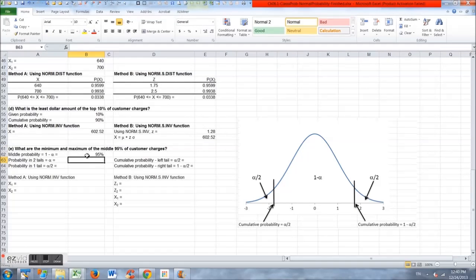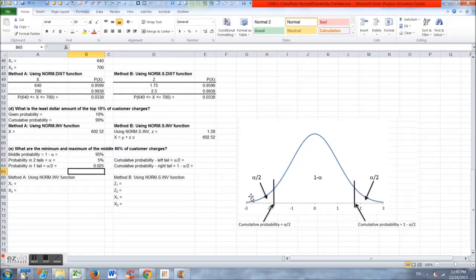we'll call that 1 minus alpha. So the two tails put together are 1 minus that middle area. So this is our alpha. We take half of that, because half would be one tail, and then the other tail.